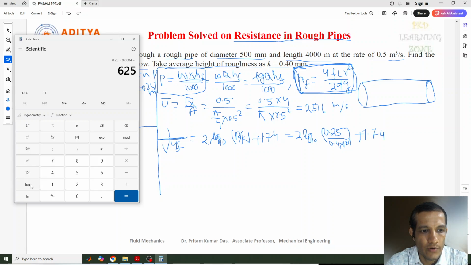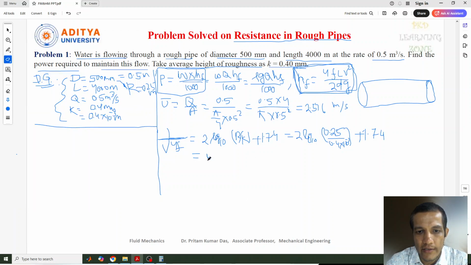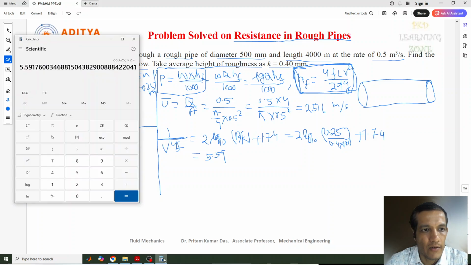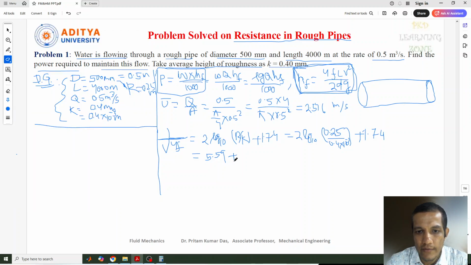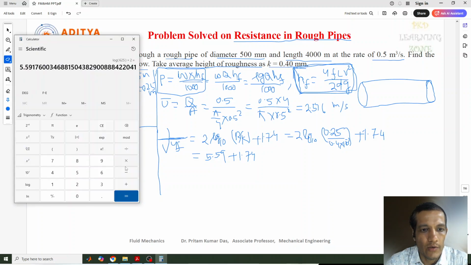So log of this value, into 2, is 5.5917. Then plus 1.74, so we get 7.33 here.